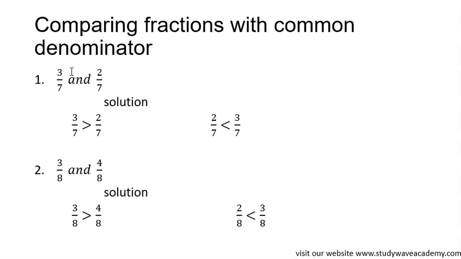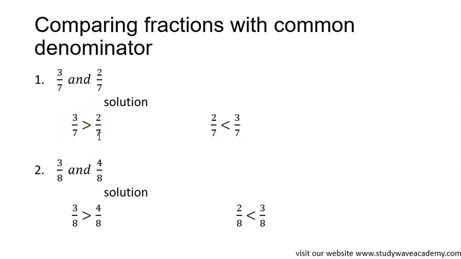And we're going to be using the greater than sign and the less than sign to compare these fractions. We have 3 over 7 and 2 over 7. The denominators are the same, right? So we have to compare the numerators 3 and 2. Which one is greater? 3 is greater than 2, right? So 3 over 7 is greater than 2 over 7, okay?